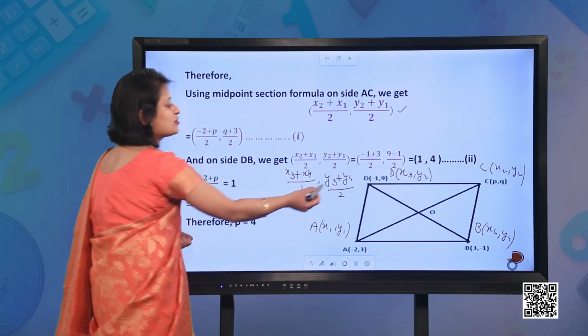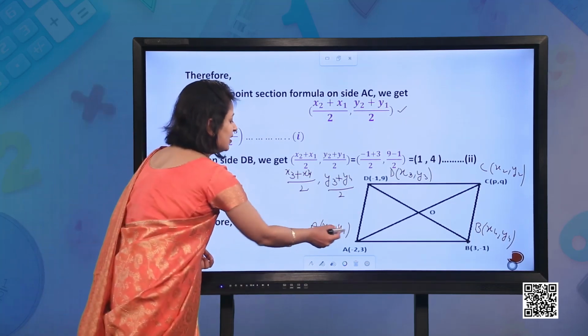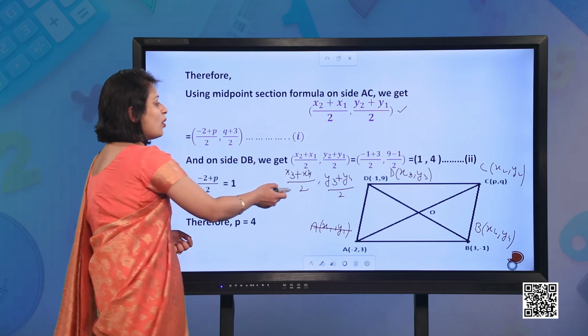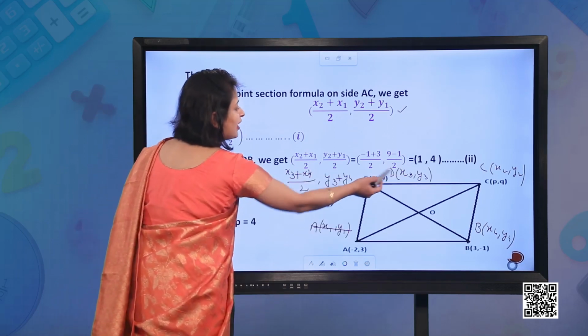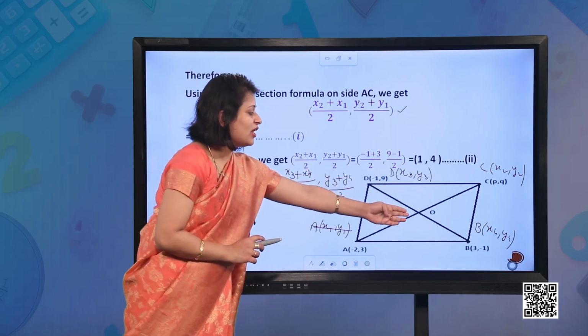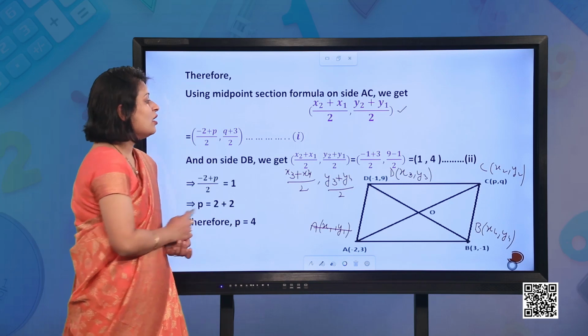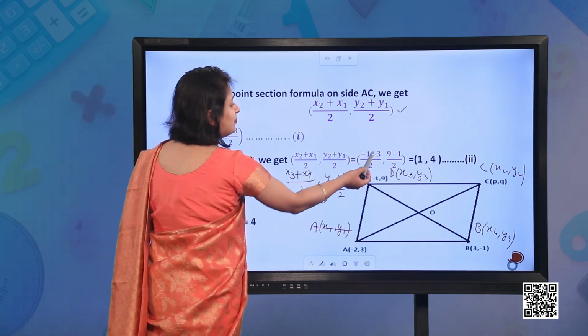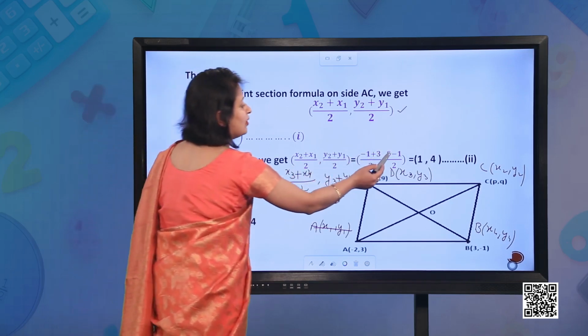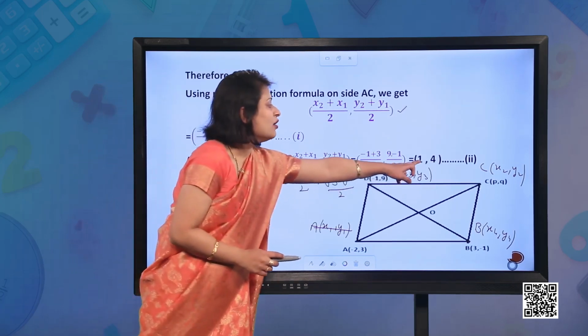Or you can again use this as x1, y1 or x2, y2 by simply replacing like this. So substitute the values of x3 as -1, y3 as 9, x4 as 3 and y4 as -1. What will you get? (-1 plus 3) divided by 2, (9 minus 1) divided by 2. The coordinates will be 1, 4.